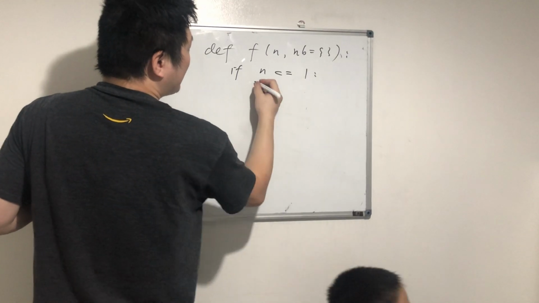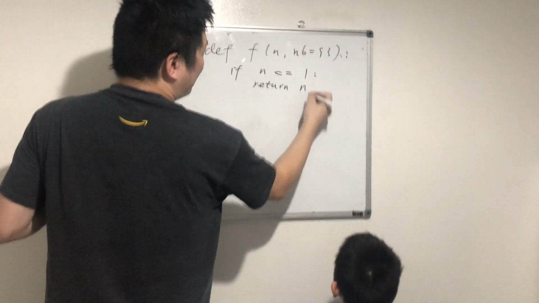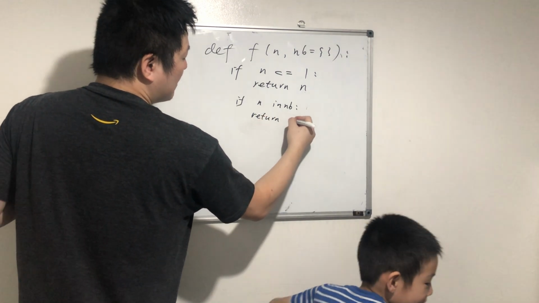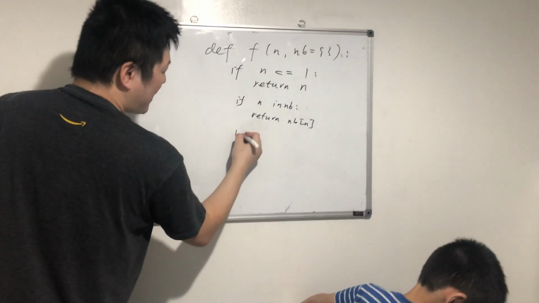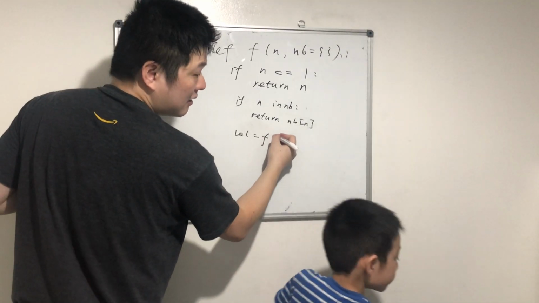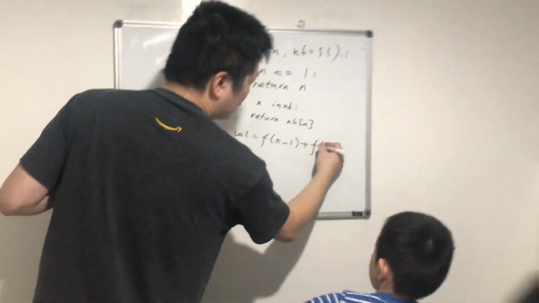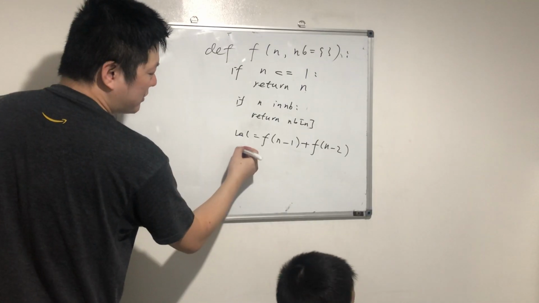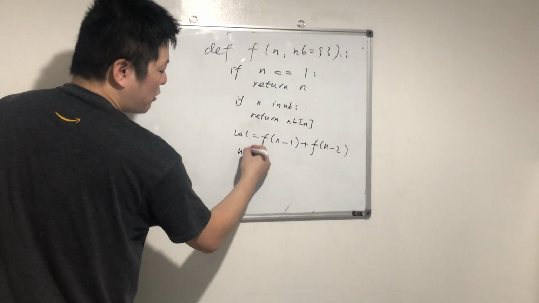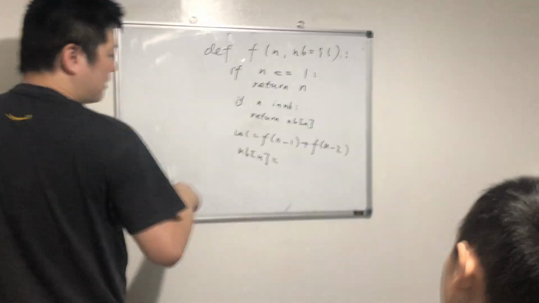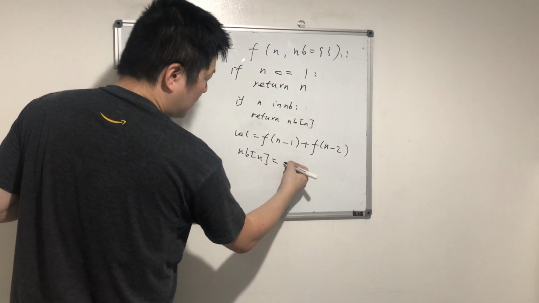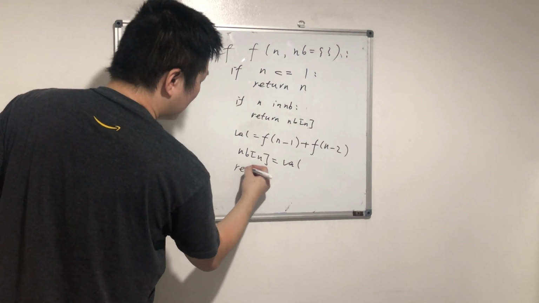If n is smaller than or equal to 1, return n. And if n is in the notebook, return notebook[n]. Otherwise, the value equals F(n-1) plus F(n-2). Then notebook[n] equals value, and then return value.